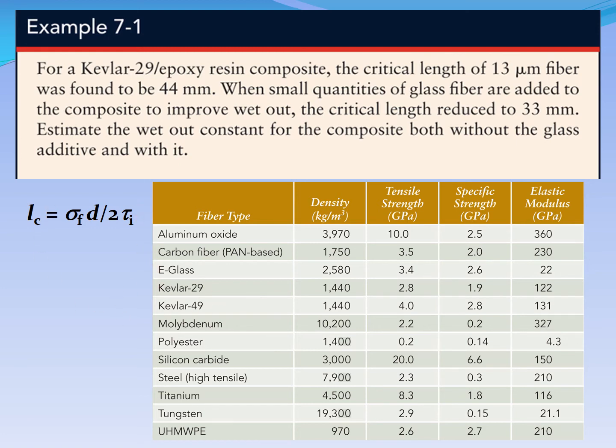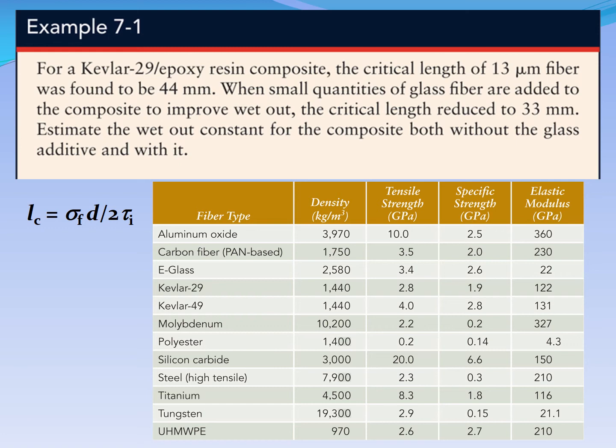Next, you think a little: a small quantity of glass fiber. When some small chopped fiber is there, as we have told you, there are no basic changes in the composite, strength wise and so on.